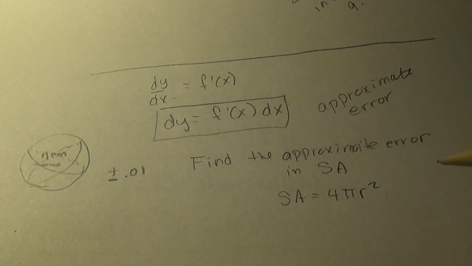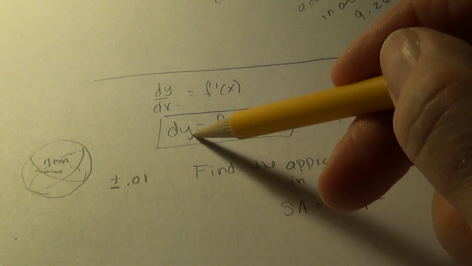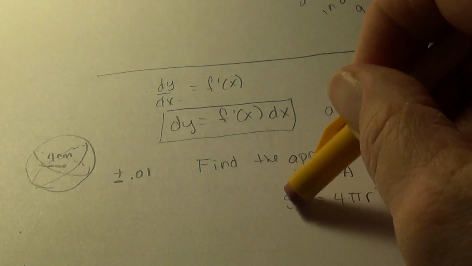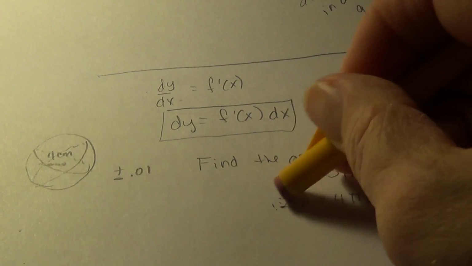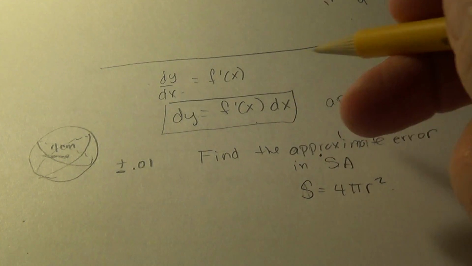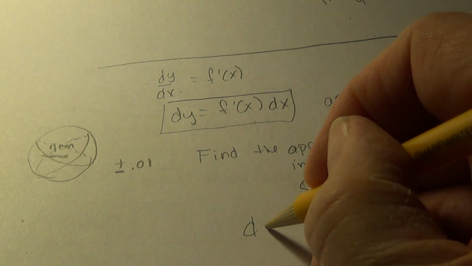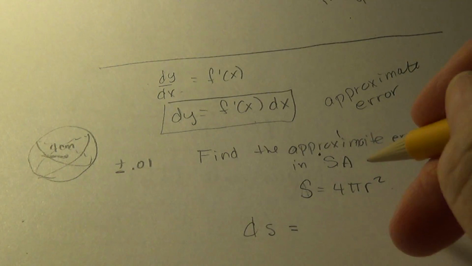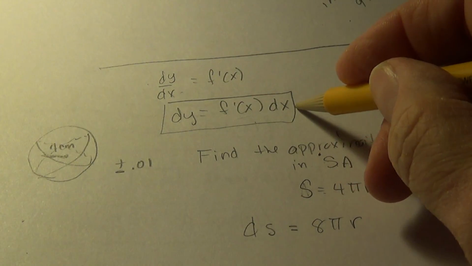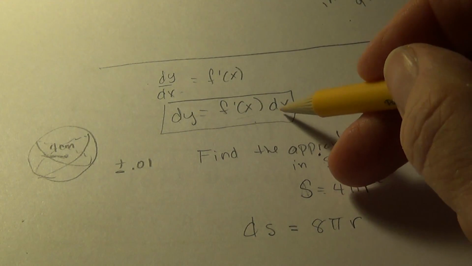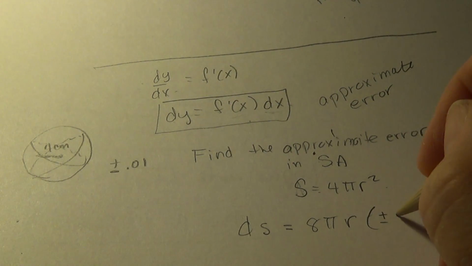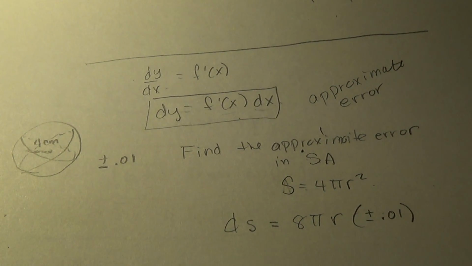So with that knowledge, we can use this formula to find the error. It's always going to be the derivative of the function, in this case the surface area. I'll call it just s. It's easier to put in one variable after the d than two. So according to this, ds equals the derivative of the function, which is 8 pi r, times the change, the error. This is representing the little bit that you can go up and back, so that's the little dx, plus or minus 0.01.